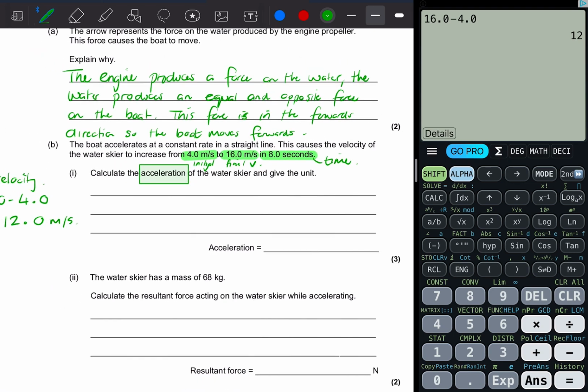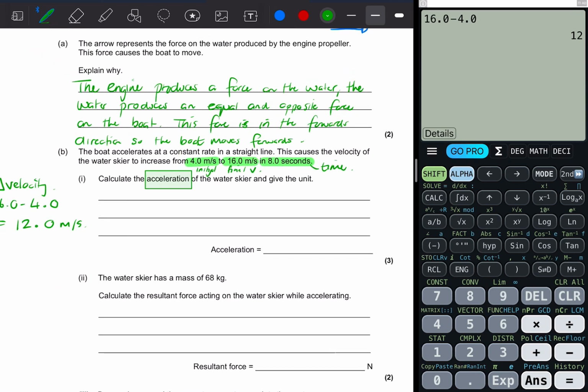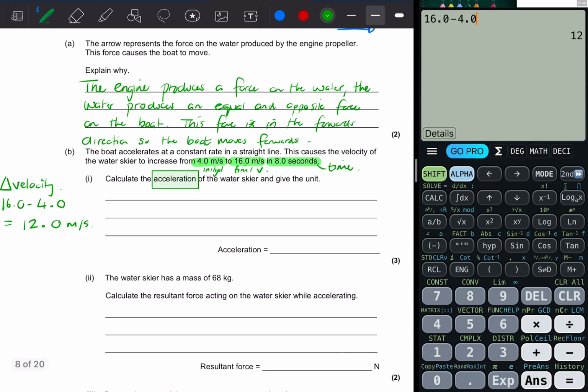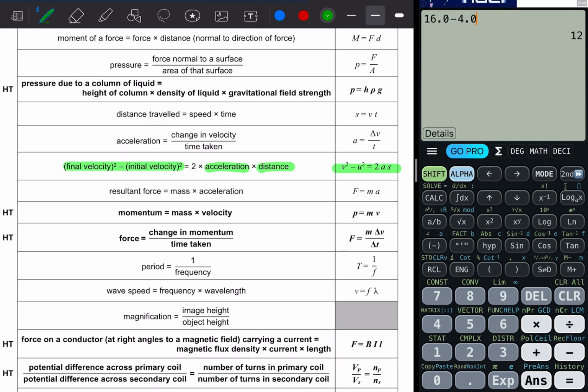We'll leave the calculator up for this one. So the boat accelerates at a constant rate in a straight line. This causes the velocity of the water skier to increase from 4 to 16, which is a difference of 12, in 8 seconds. Calculate the acceleration. So we've got to use the data sheet, and we're going to look for a formula that's got acceleration, a change in velocity, and a time. Physics data sheet. Here's the one I used in the earlier question.